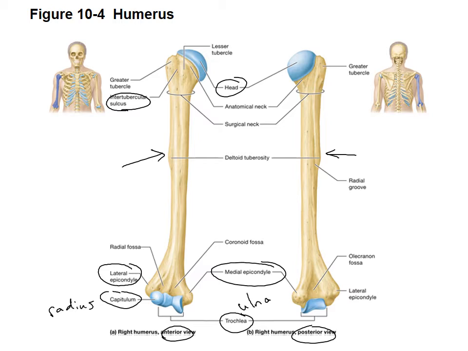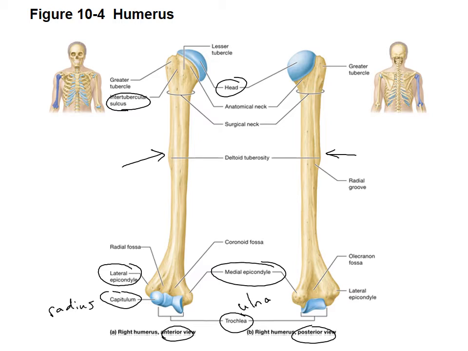So that little groove just lateral to the medial epicondyle in the anatomical position is a groove where the ulnar nerve goes through. You can feel both the lateral epicondyle and the medial epicondyle.